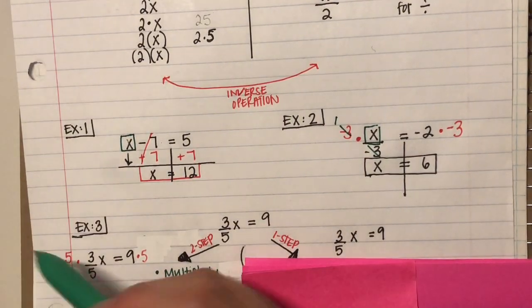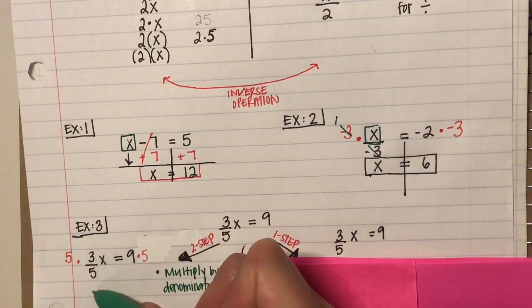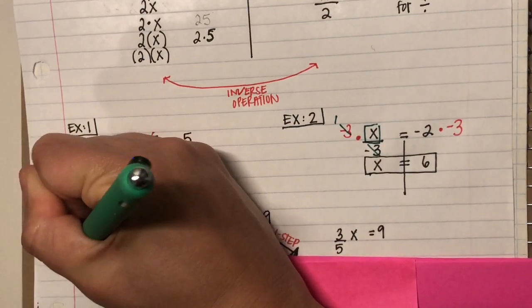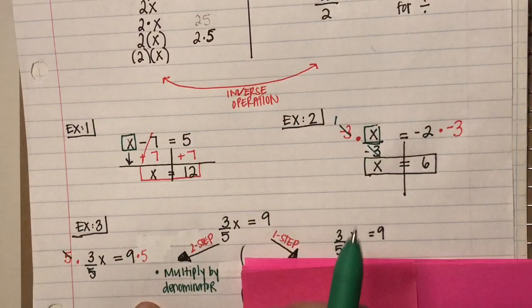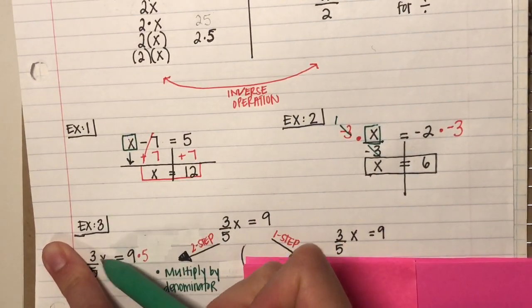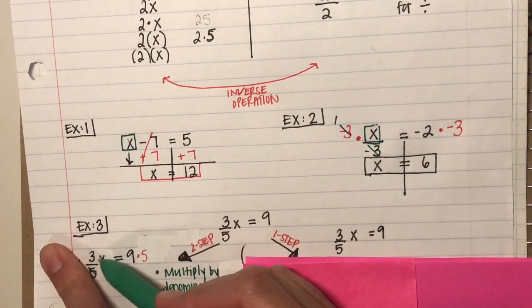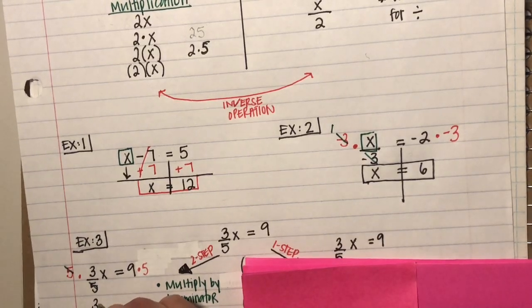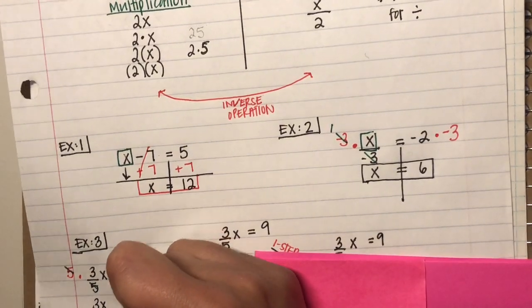This allows the 5s to kind of cancel out because 5 divided by 5 is 1. Okay, so then I'm left with 3x. So I've got to drop that down. Also, I forgot to draw my line.